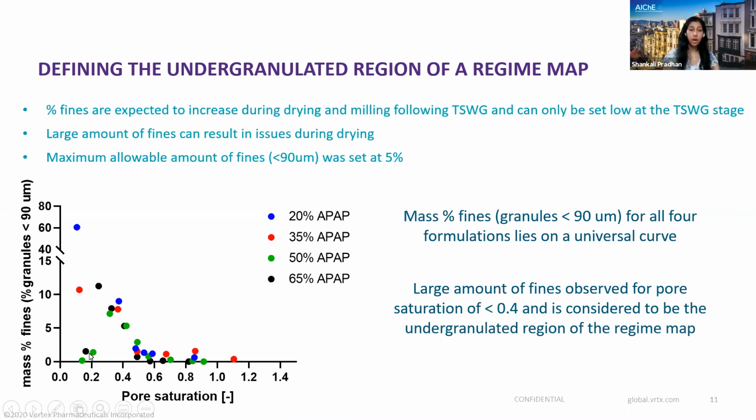So these definitely look out of trend, but these are undergranulated. When we define a maximum limit of 5%, we can see that anything under the pore saturation of 0.4 is essentially undergranulated. And there we have it, our undergranulated regime of the regime map.